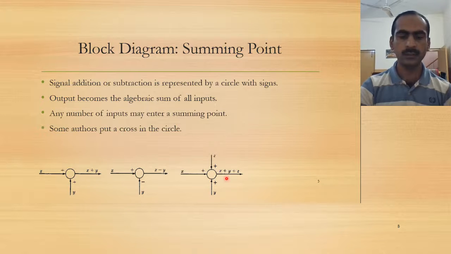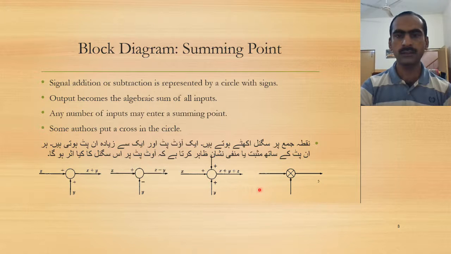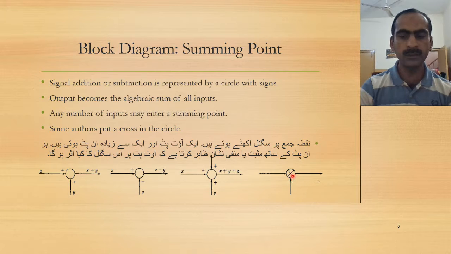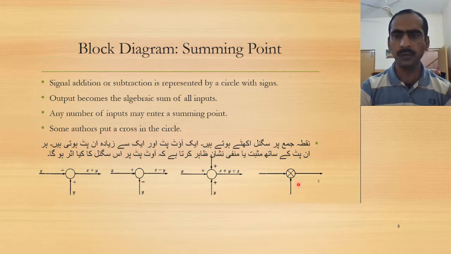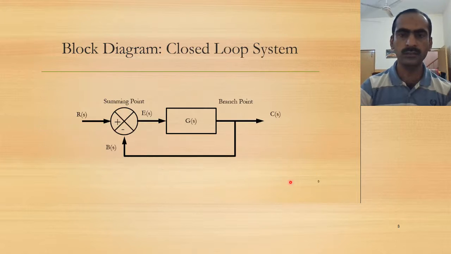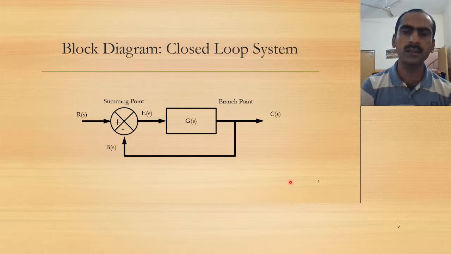Sometimes the summing point is represented with a circle with a cross, and the signal symbols are inscribed inside that circle. As we are following Ogata's book, Modern Control Engineering, it prefers the circle with the cross notation.